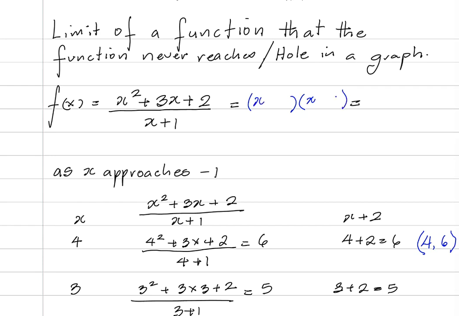We're going to have 2 here and 1 here, because 1 times 2 is 2, and this is over x plus 1. So we can cancel x plus 1, and we would be left with just x plus 2.